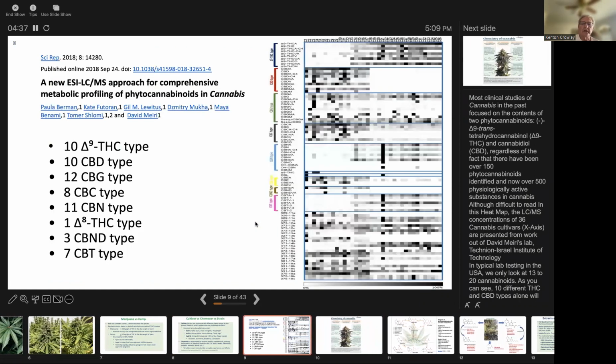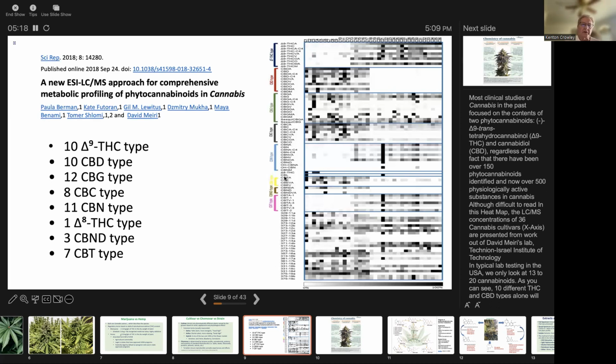Now, most clinical studies of cannabis in the past focused on the contents of 2 major cannabinoids, THC and CBD, regardless that now we've found over 150 phytocannabinoids. In this heat map from David Meiri's lab in Israel, on the x-axis, it's really hard to see, but it has 36 cultivars, and down on the y-axis, it's listing a whole bunch of phytocannabinoids.